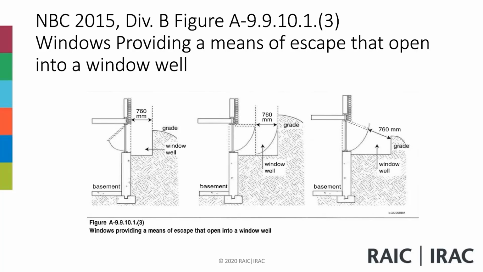So that is in the egress from bedrooms, the requirement for windows, and if that is from a window well, this is the clearance required in front of the window opening, and that illustrates it for you there.